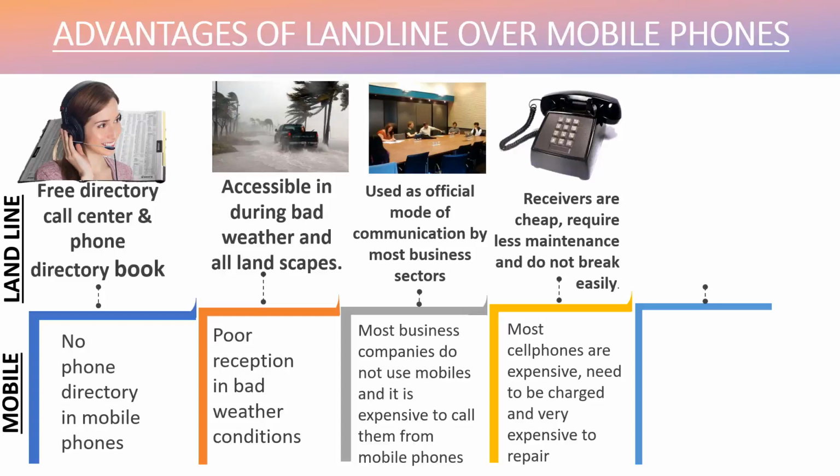And you would need to charge it every now and then. The battery goes flat, and it is very expensive to repair a mobile phone. Sometimes you'd find it even better to buy a new phone rather than repairing a broken mobile phone.